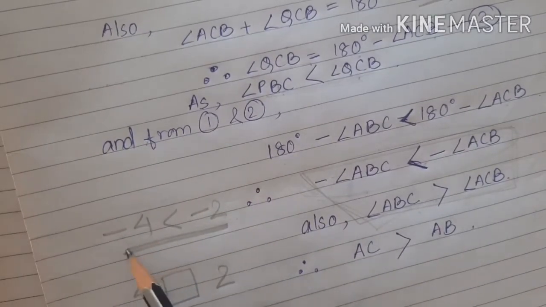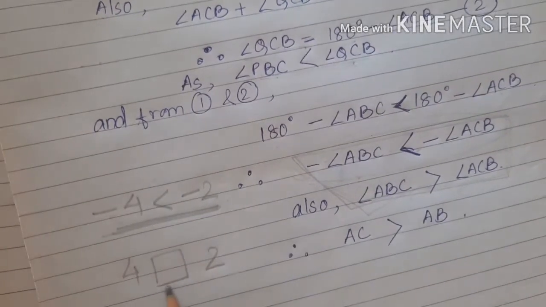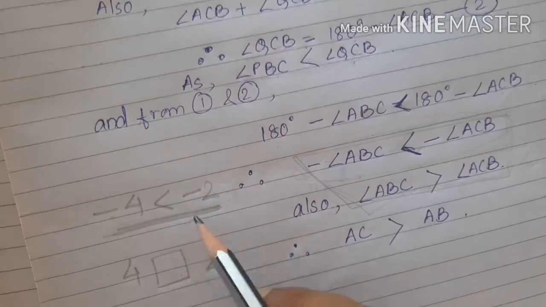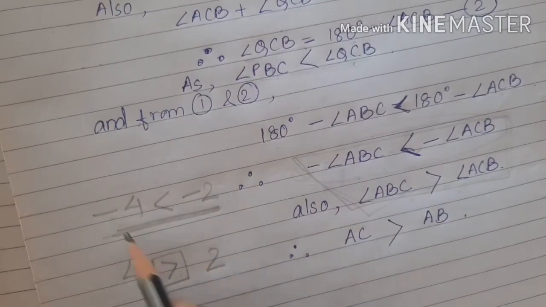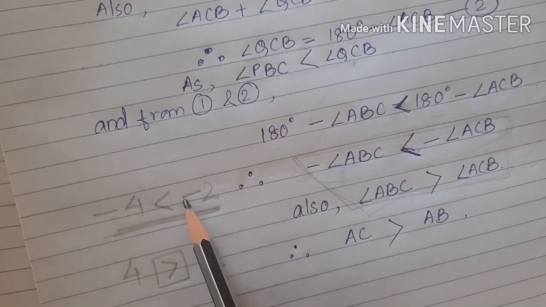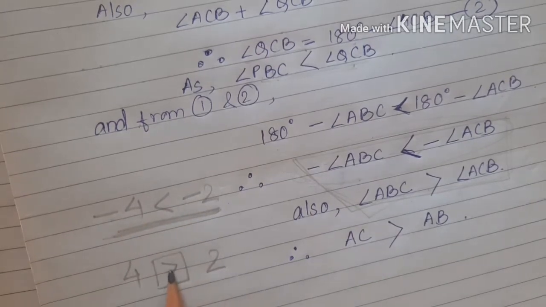I have this inequality, but now I want the answer for this one. What will come in this box? Less than or greater than? Yes, the answer should be greater than. See, I have not changed the numbers, I have only removed the sign. So if I remove the sign, the symbol of the inequality gets reversed.